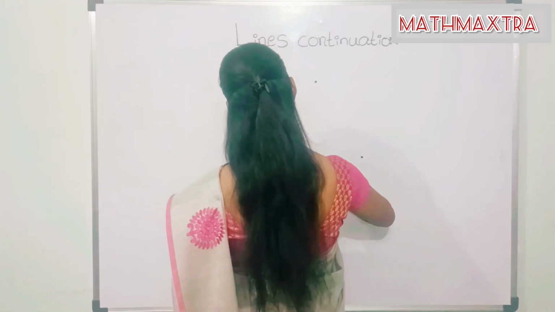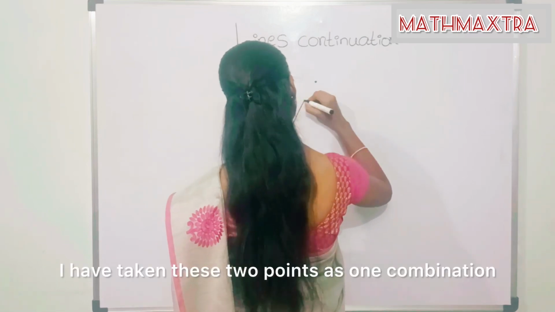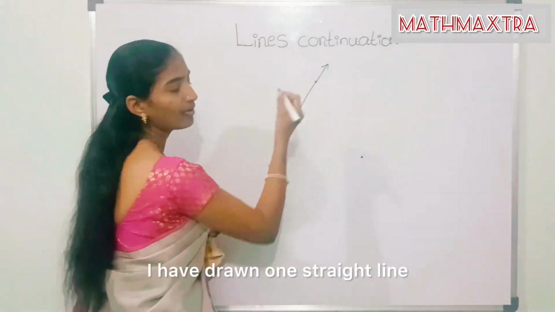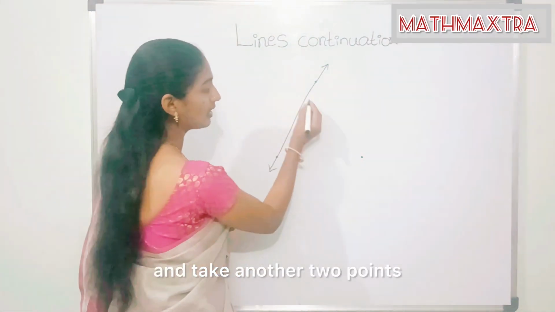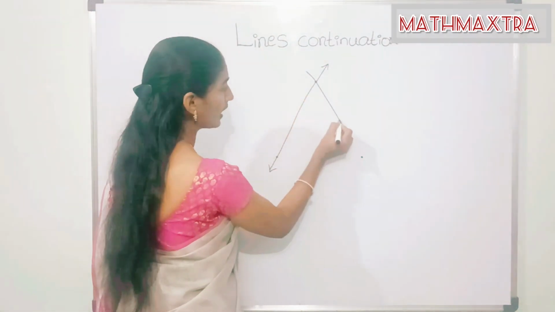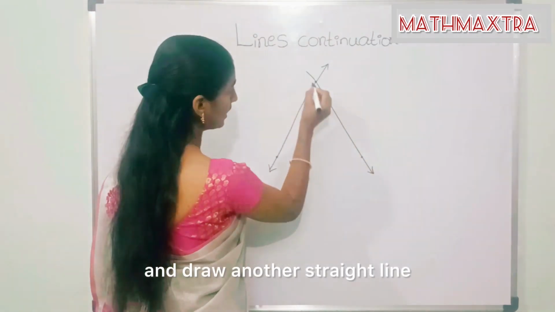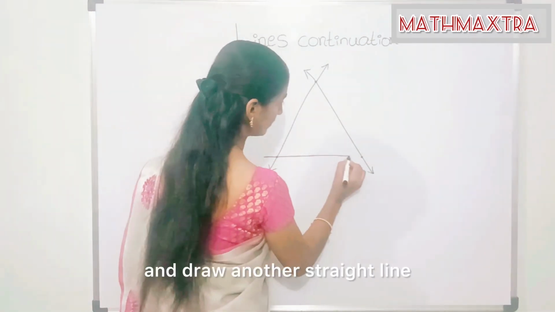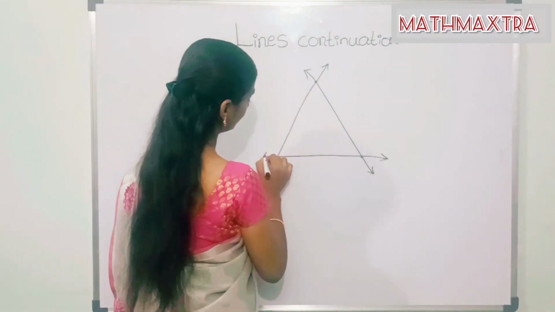I have taken these 2 points as one combination and drawn one straight line, then taken another 2 points and drawn another line, and taken another combination and drawn another line.